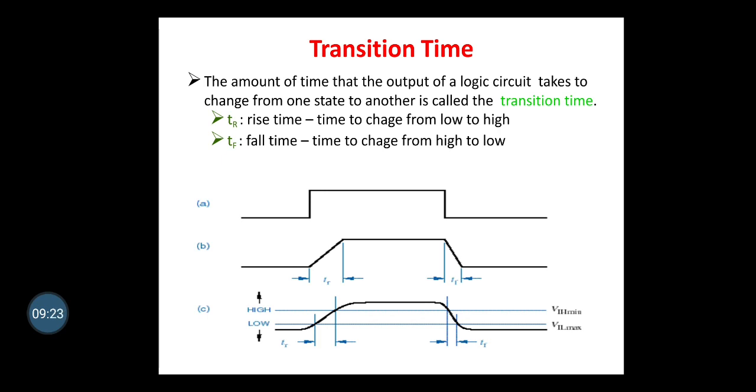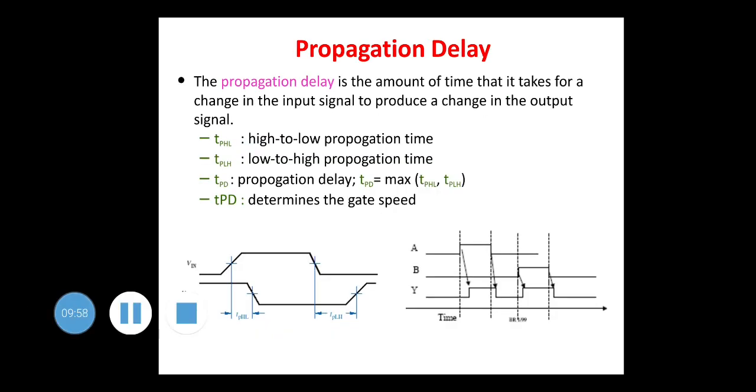In figure A is a digital signal, and figure B is the same digital signal, but from logic 0 to logic 1 it is taking some time, that is called rise time, and from logic 1 to logic 0 it is taking some time, that is called fall time. So that is most important. Time to change from low to high is rise time, and time to change from high to low is called fall time.